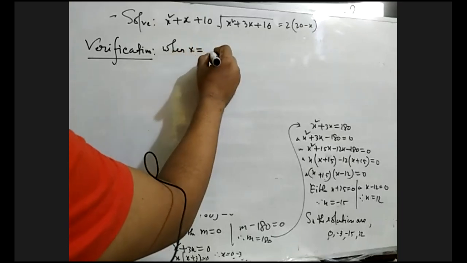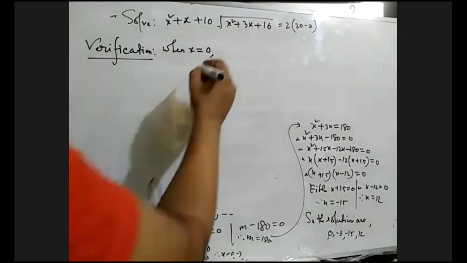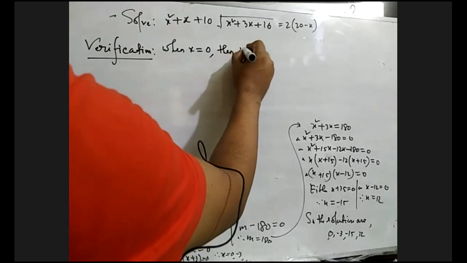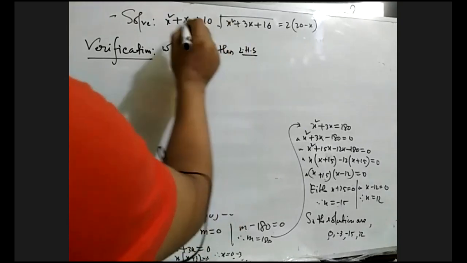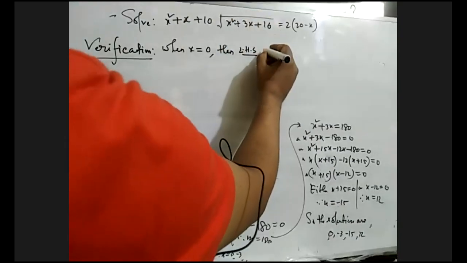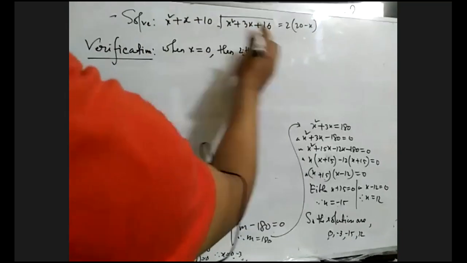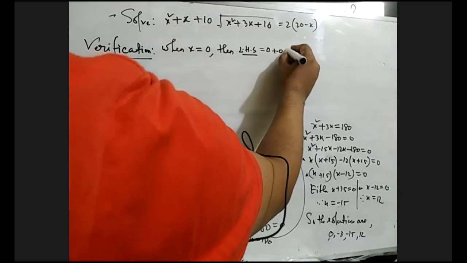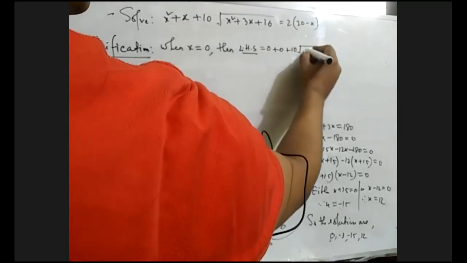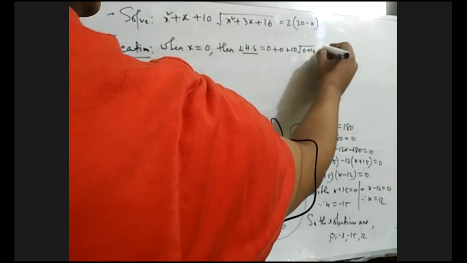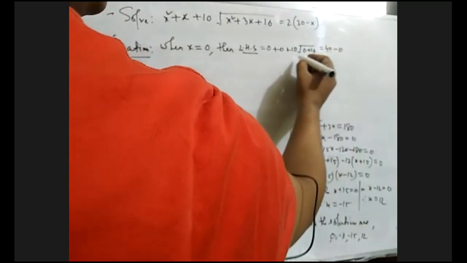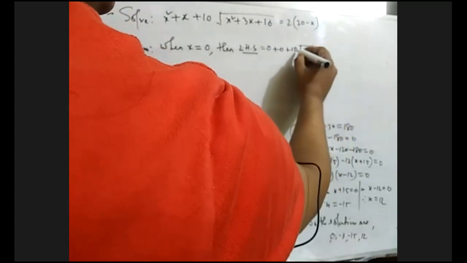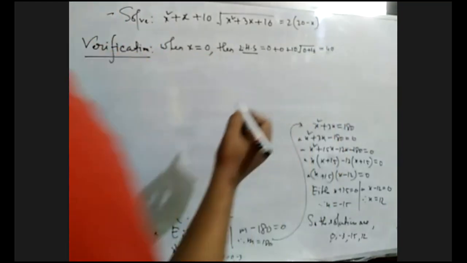So when x equals 0, then the left hand side of the given equation, what will it be? We get from the left hand side 0 plus 10 root over 0 plus 16. This equals 40 minus 0, only 40.